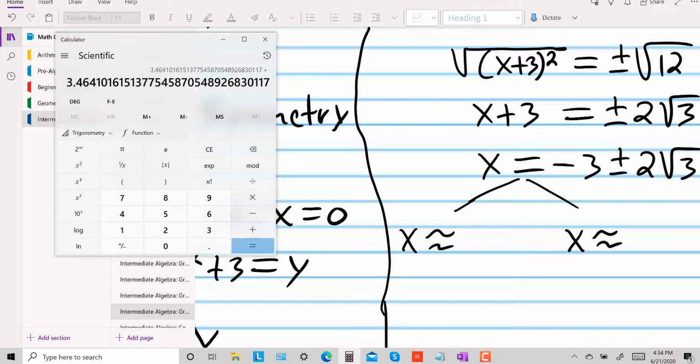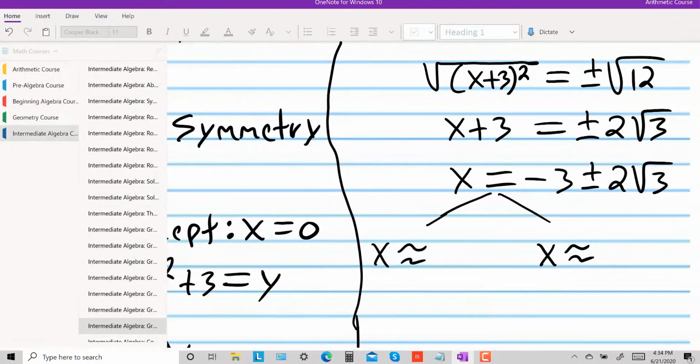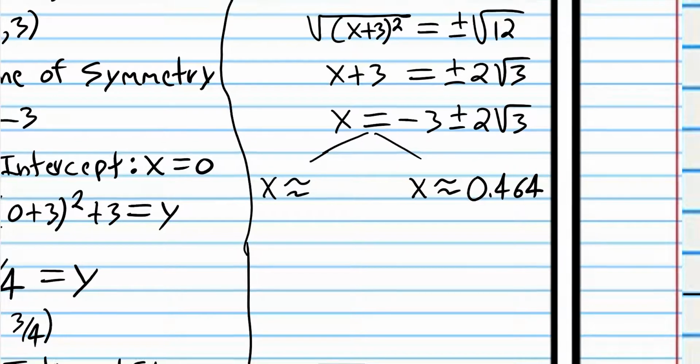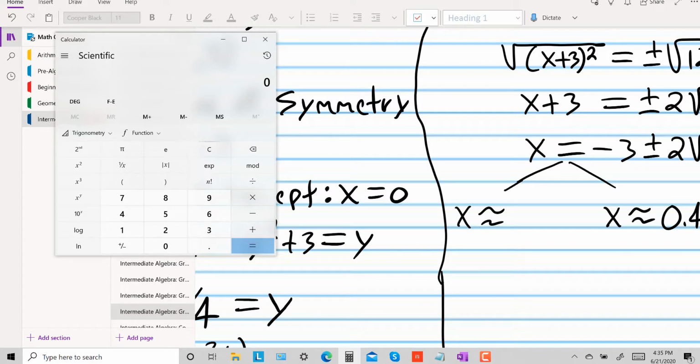I'm going to add 3, and then change it to a negative, and then equals. So 0.464. So one answer is 0.464.